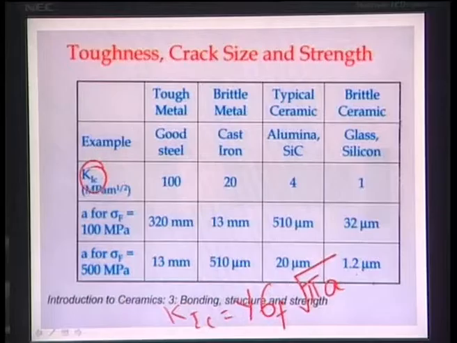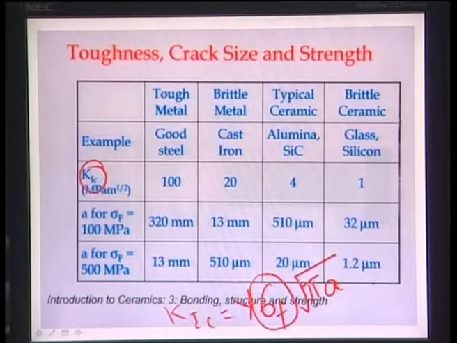Y is a parameter which depends on the orientation of the crack with respect to the loading axis, as well as the nature of the loading, whether it is uniaxial loading or biaxial loading. In many cases, if the value of Y is not given, it is taken as 1 or 1.1.